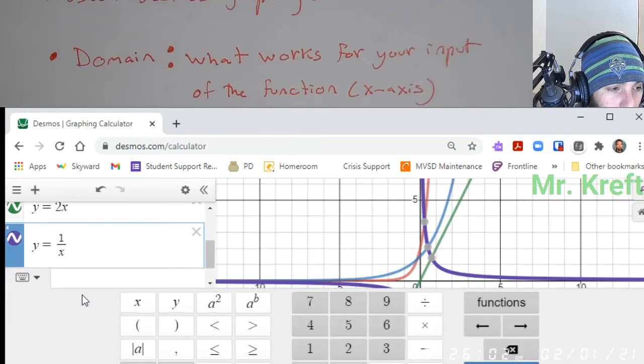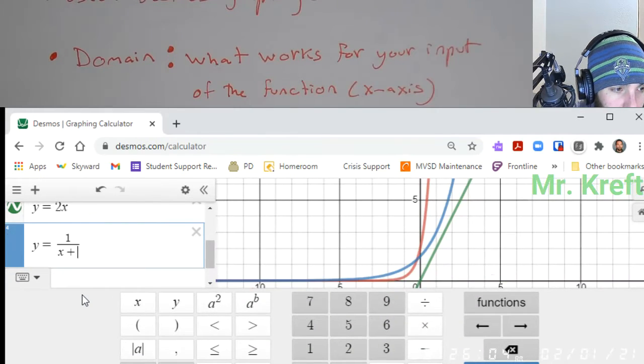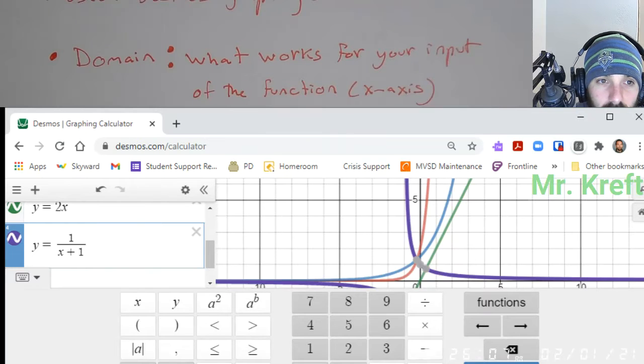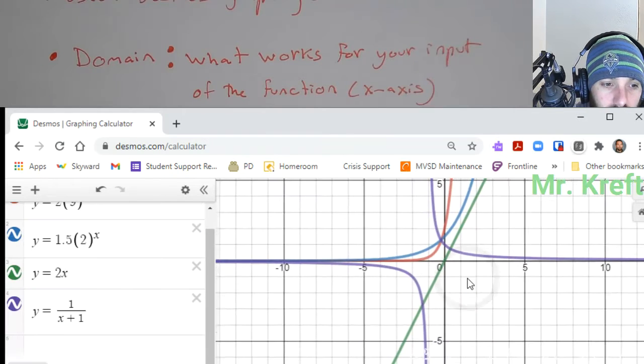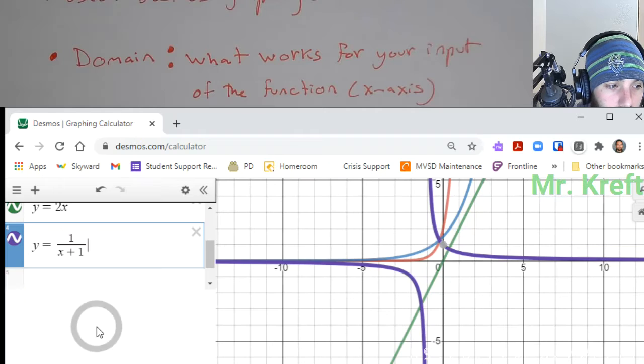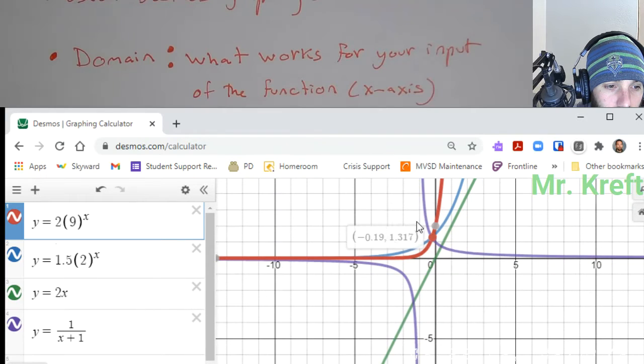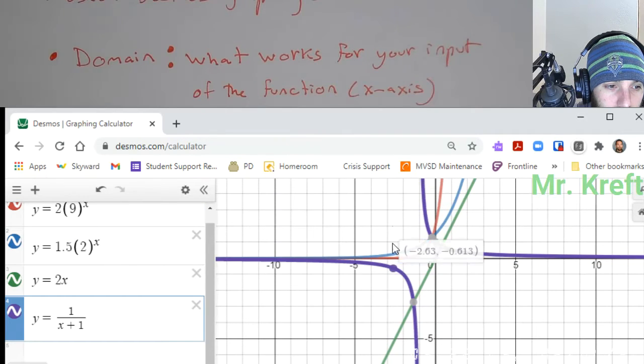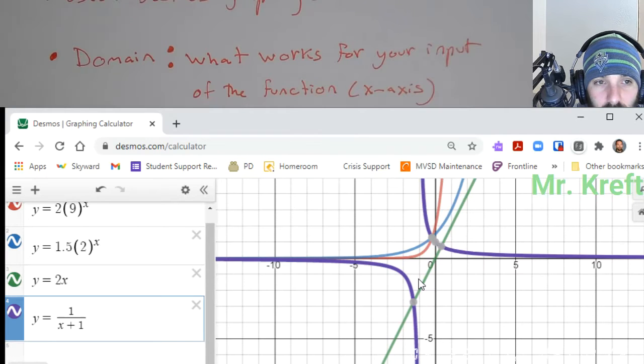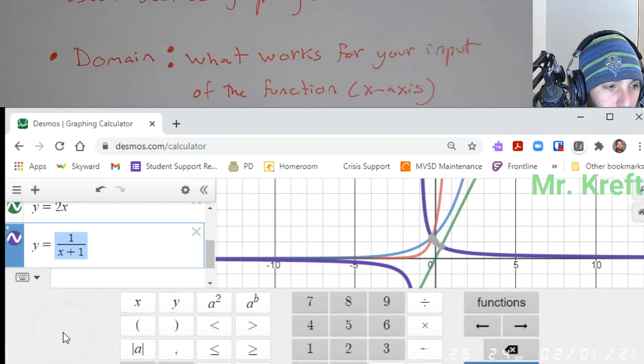And I can change this to this. Now if I go like this, I see that x can't equal -1. So that's an example of the domain being broken. I can really break it if I go like this.